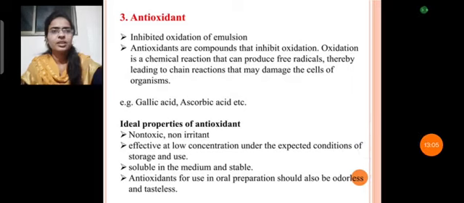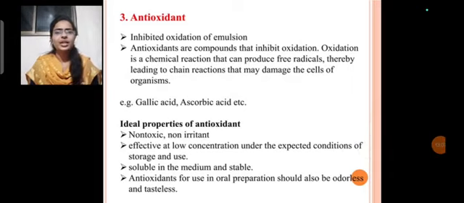Then next is the antioxidant. Antioxidants are used to inhibit the oxidation of emulsion. Antioxidants are compounds that inhibit the oxidation of emulsion. What is meant by oxidation?